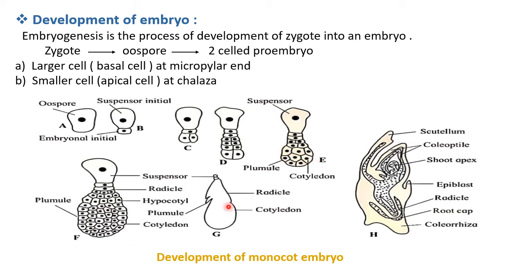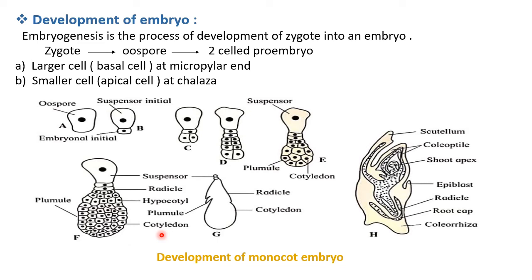In the next diagram, that is F diagram, we see that the lower tier of four cells of octant gives rise to hypocotyl, whereas radicle is also formed. Then four cells of the upper tier form plumule and one cotyledon in monocot and two cotyledons in dicotyledonous plant.